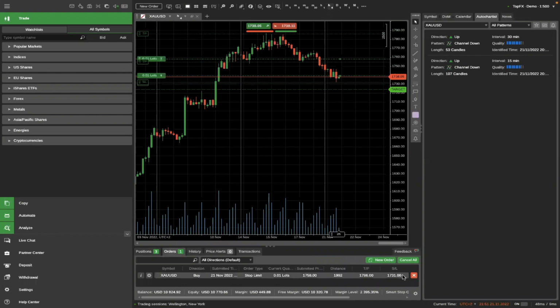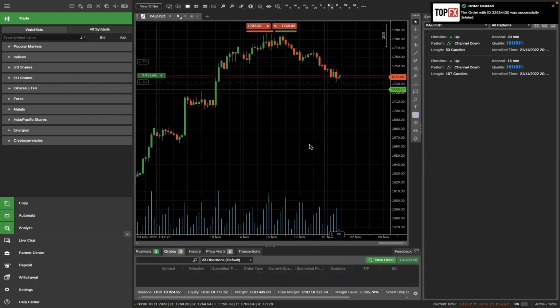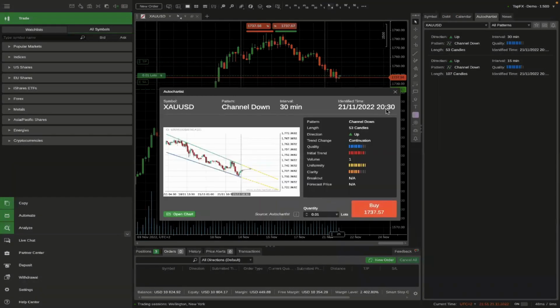I will click here and remove this order, just to show you guys once again how you can be much more clever using a tool like Autochartist. Basically, what it tells you right now is that there is a channel down pattern to the upside, identified, let's say, 20 minutes ago.